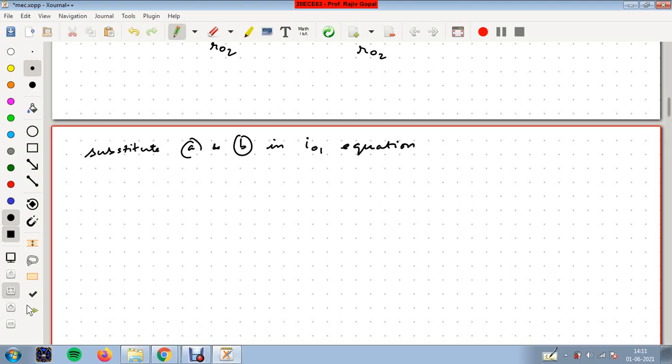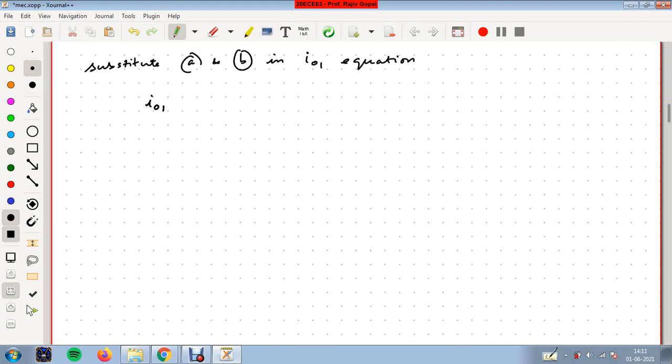So what will you get? I01 equals (GM2 + GMB2) into V01 plus (V01 - I01 RL) divided by R02.